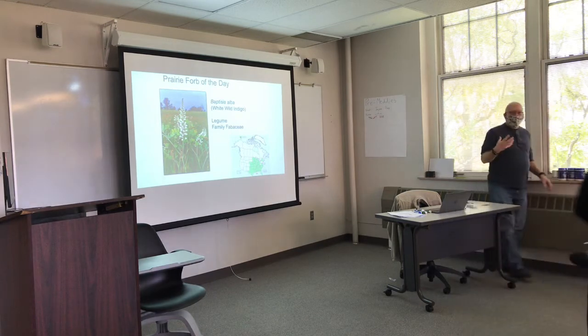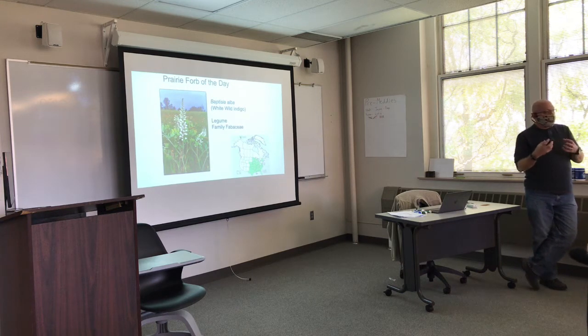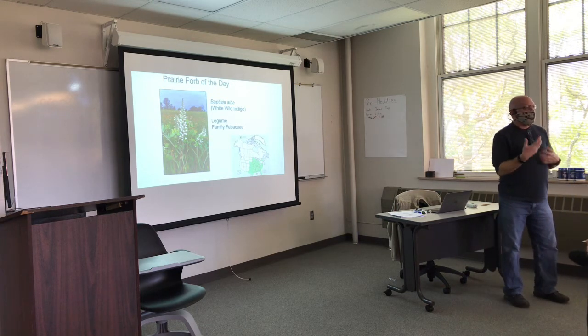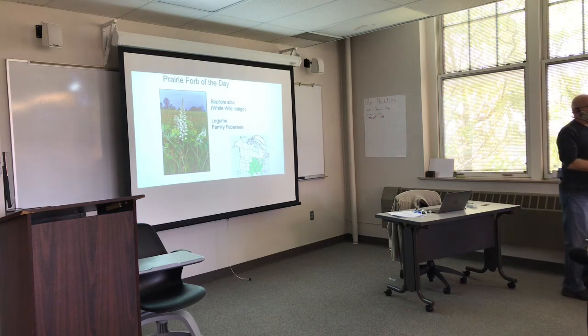These are plants that produce seeds and pods, and they also have root nodules. In these root nodules are soil bacteria that live in close association with the legumes. These bacteria are nitrogen-fixing bacteria. So they take nitrogen out of the air and transform it into a form that is absorbable by plants.